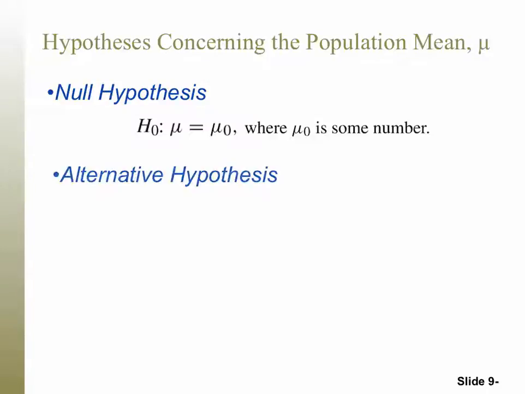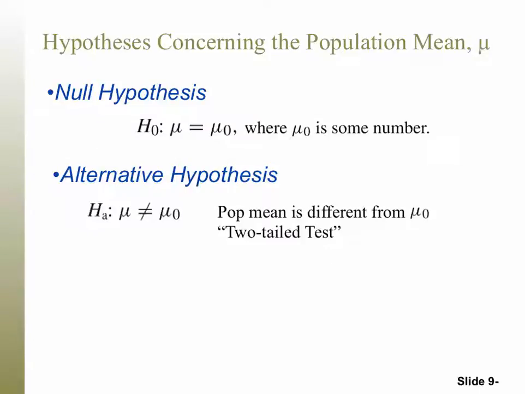Okay, an alternate hypothesis then. There are 3 possible alternate hypotheses, so there are 3 different tests that we could possibly do. The first one is, if we're rejecting the null, we're saying that the population mean is different from the chosen population mean. And how could it be different?